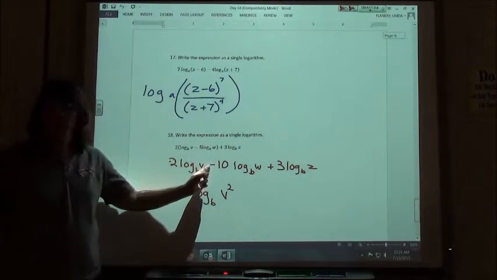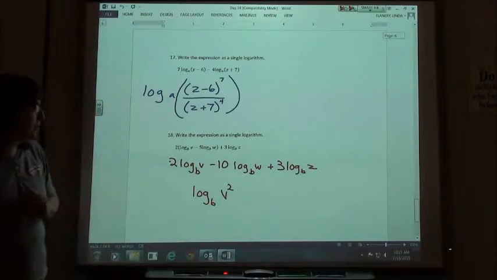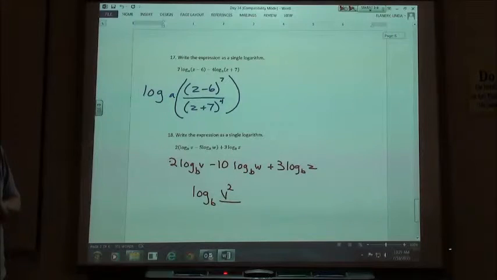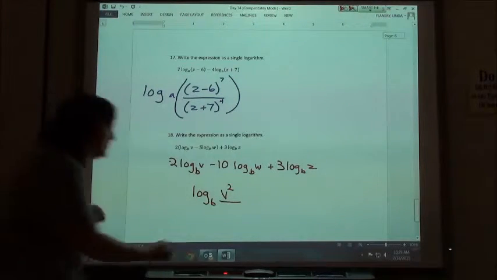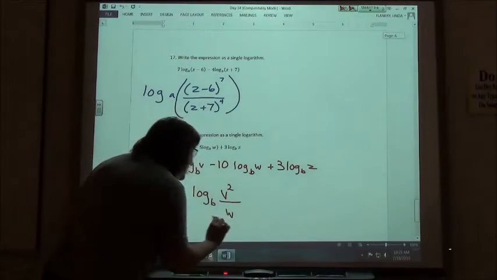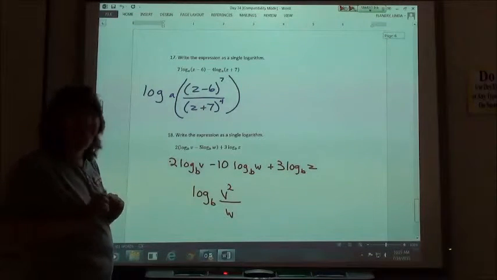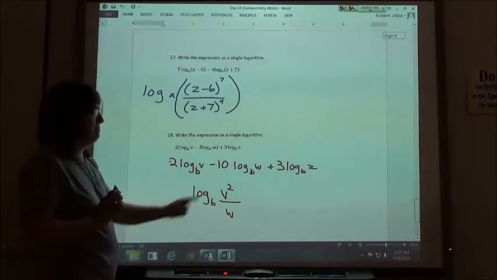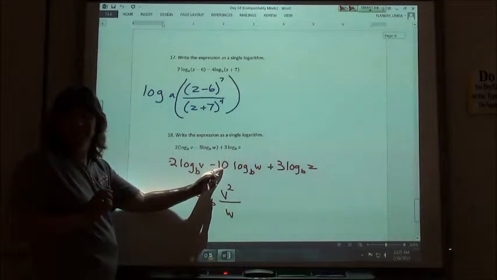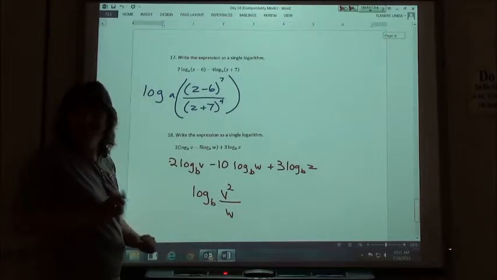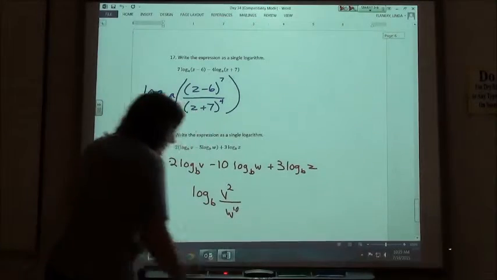What's going to happen with this one? Divide it by W to the, not negative 10. That's why we divided, because it was negative. So just W to the 10th.